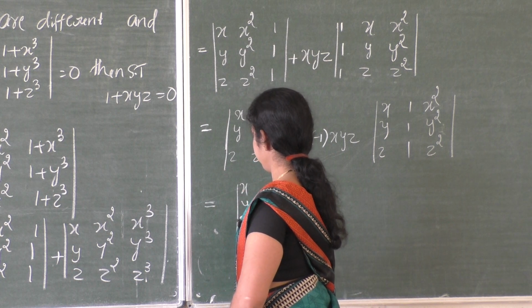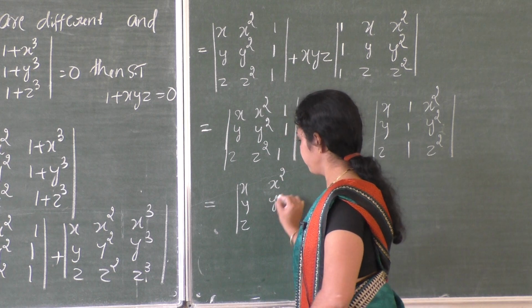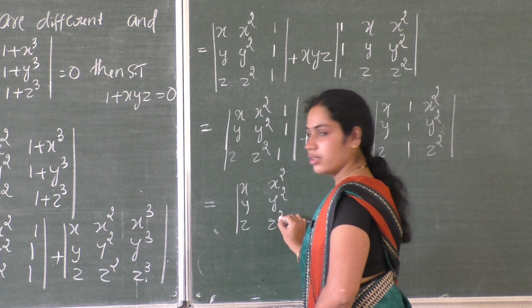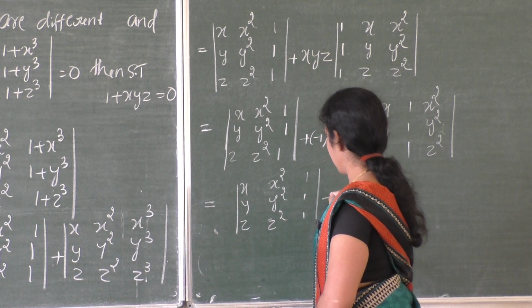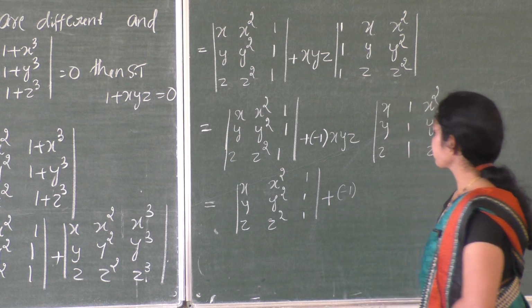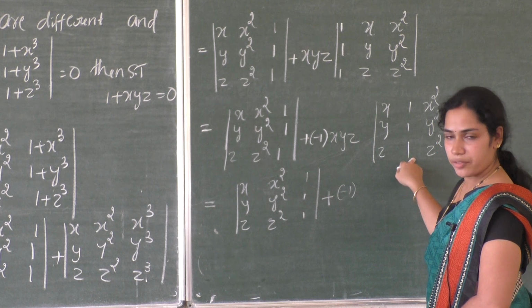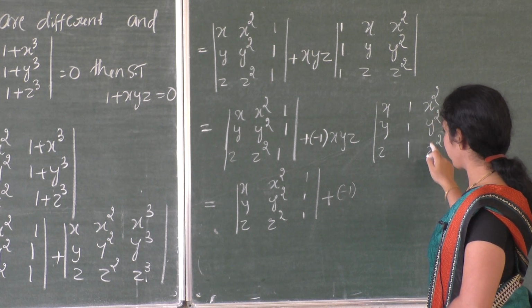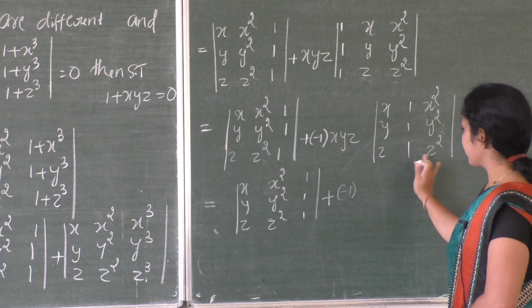This is equal to the first one, x, x square, 1, y, y square, 1, z, z square, 1 plus, see, again compare here, again they are not equal, so x square, y square, z square is in the second column, again interchange here.